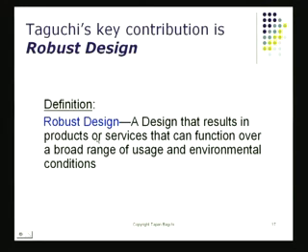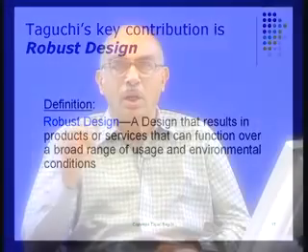And this led to the idea of robust design, a design that results in products or services that can function over a broad range of usage and environmental conditions, such as variation in temperature, variation in humidity, variation in the quality of the components that you're using to do the assembly and so on and so forth. These are factors that the designer can specify optimally when he's doing the design.